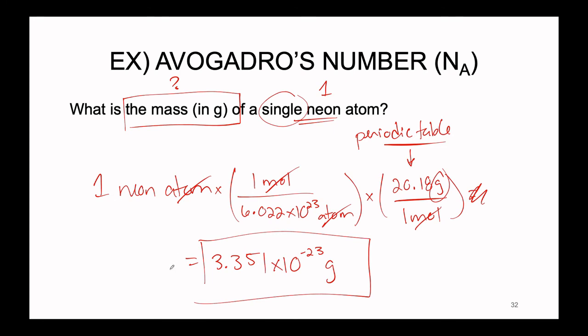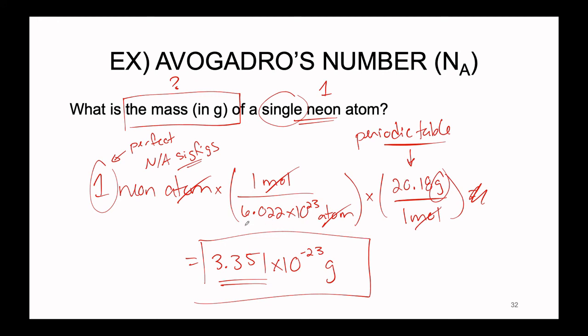Now, the answer I have written here also has 4 significant figures. We can see that the number that we started with is actually a perfect integer, right? 1 is a perfect counting number, which means it doesn't really have applicable sig figs. So we're going to have to look at the conversion factors over here in order to figure out what our number of significant figures is going to be.